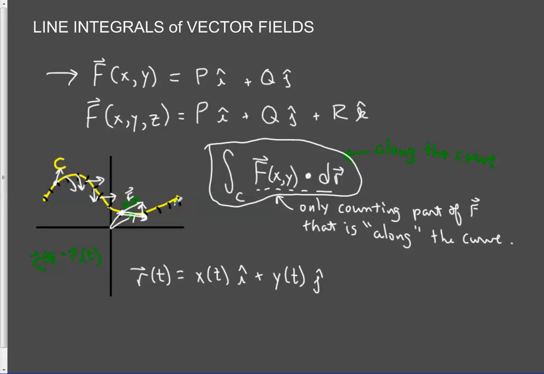Okay. Now, how do you actually compute it? Well, in practice, the way that generally works is the following. We actually do this dot product. Let's think about this. If f, remember, is p i plus q j, and I'm just doing a two-dimensional one, but it would be plus r k if I were doing a 3D one.